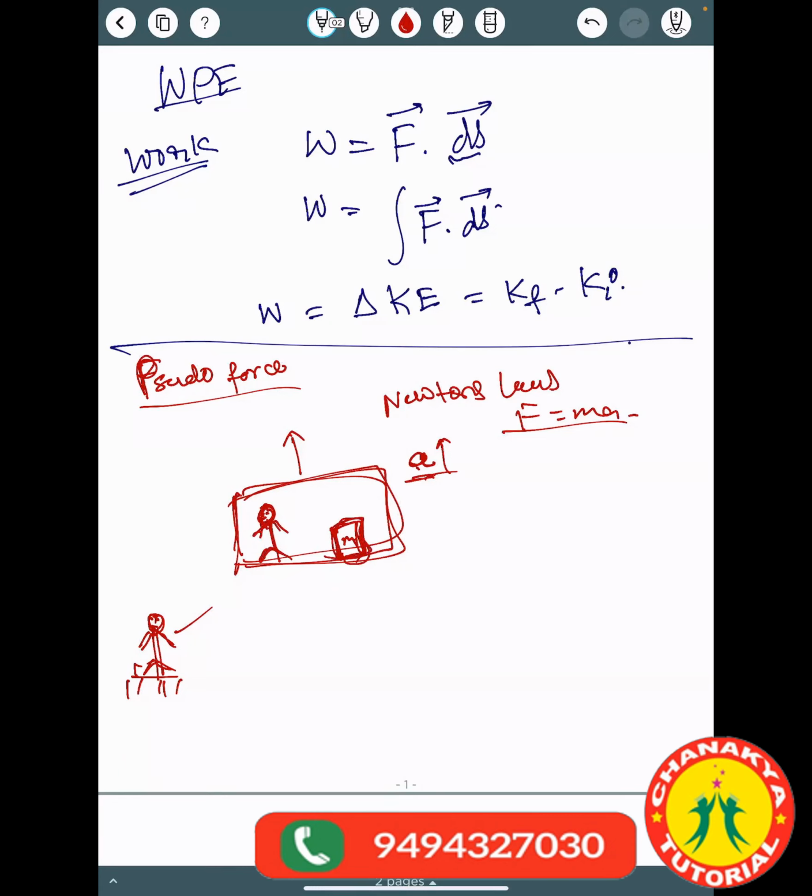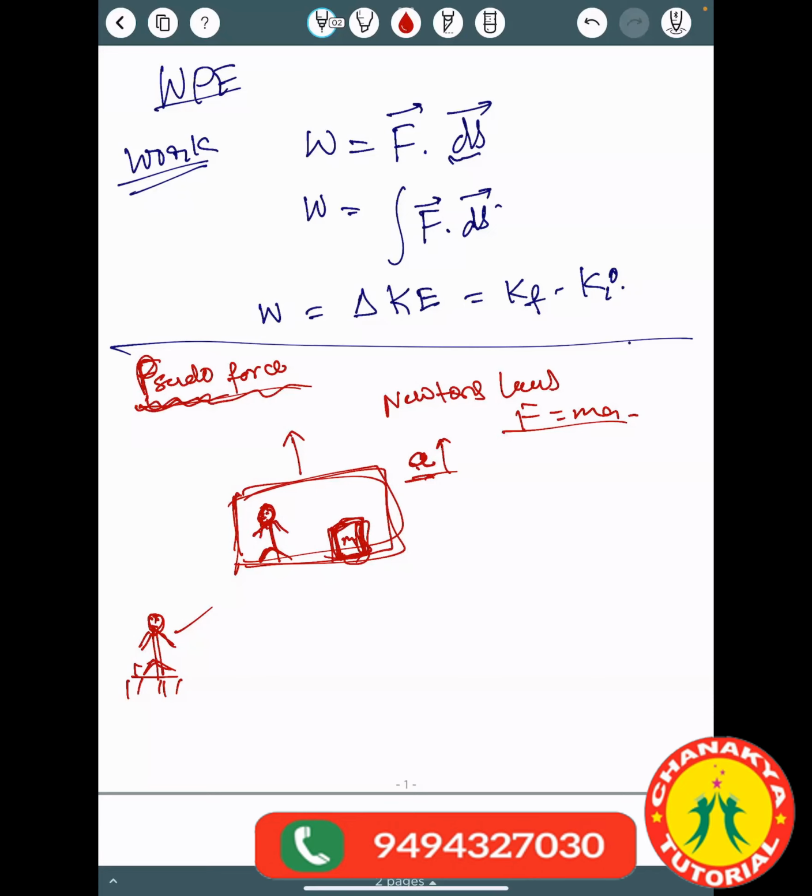So how are you saying it is at rest? If you want to explain that with Newton's laws, then we have to apply a false force, okay? That means it doesn't exist, but to make things simpler, we use the false force. So how to do that?